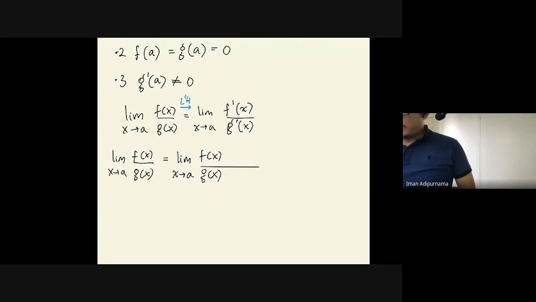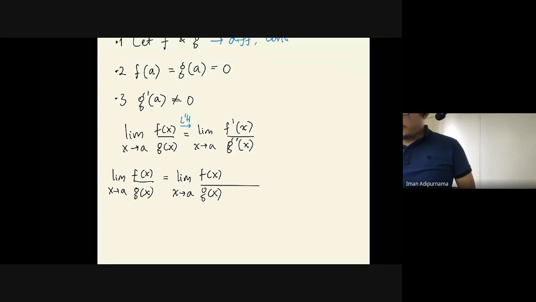In our assumption, f(a) and g(a) are 0, so I can add or subtract 0. It's still the same, right? So I can make this f(a), and this g(a), because both are 0.